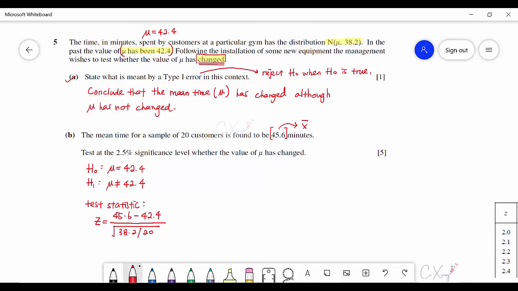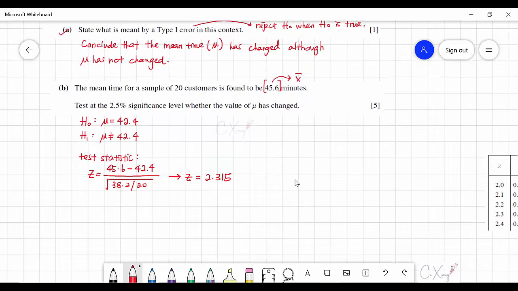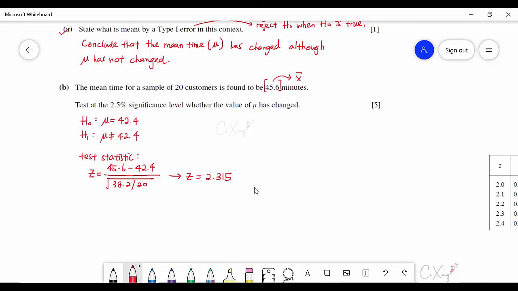Okay, and what is the value for the test statistic here? So z is equals to 2.315. Now to decide whether we should accept or reject the null hypothesis, we need to use the test statistic and compare it with the critical value.